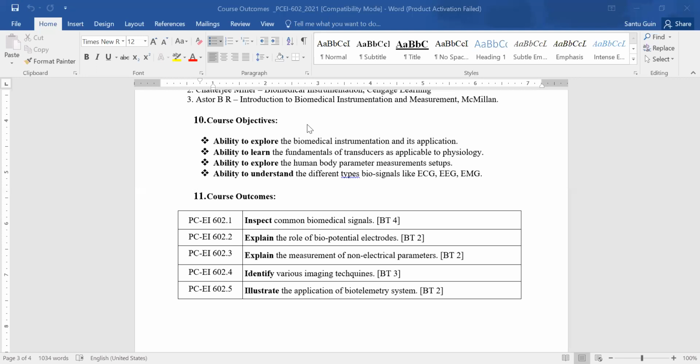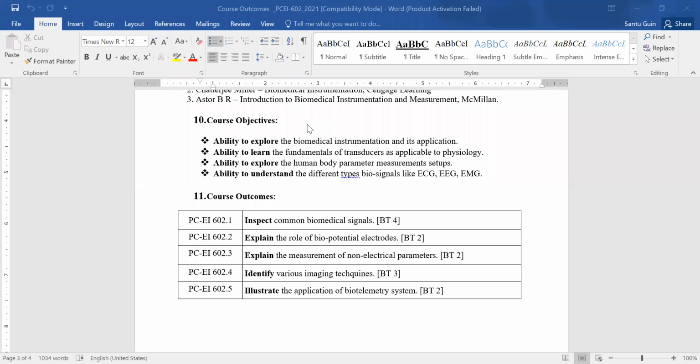Second, you can explain the role of different biopotential electrodes, where action potentials arise due to some physiological functions, and you can measure them by using the electrodes. The third course outcome is that you can explain the measurement of non-electrical parameters, which are based on blood pressure and blood flow measurements.